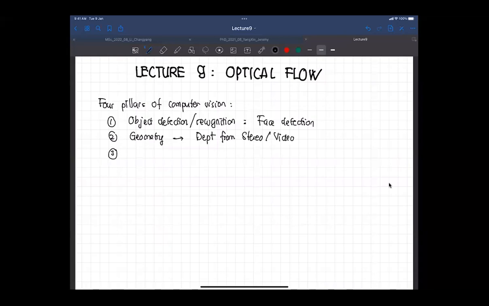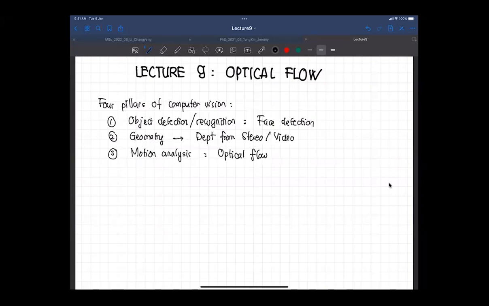And today we discuss the third pillar, which is motion analysis. And the specific example of motion analysis is optical flow. So this is somehow the bigger picture of this topic today.